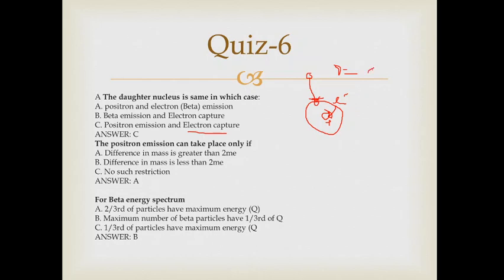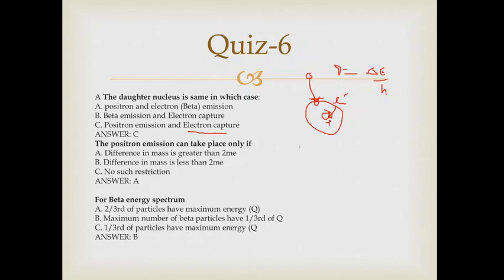Photon energy is equal to delta E by h. This is the difference of the energy of the two orbits divided by h, which gives rise to a photon of frequency nu.